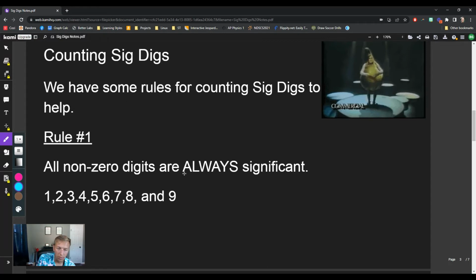And again, it's always. So that's why we have to be careful with our measurements, that we write down just that one guess digit, because otherwise we mess with the number of Sig Digs that we should have. So what this means is that zeros become the tricky ones. Zeros are the hard ones to work with. And so we have some more rules dealing with zeros.